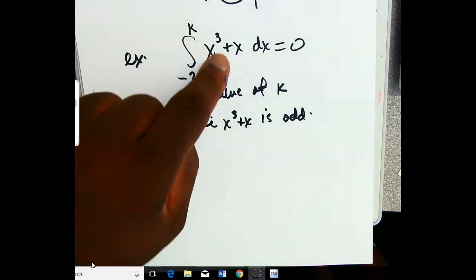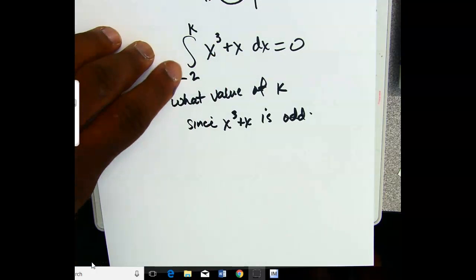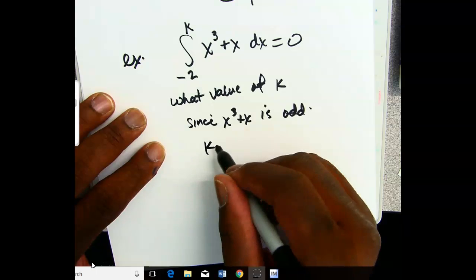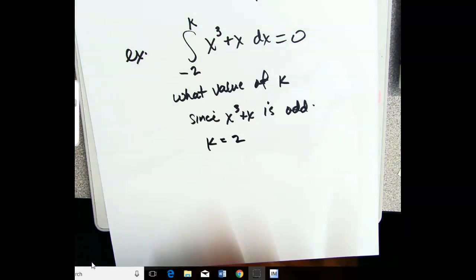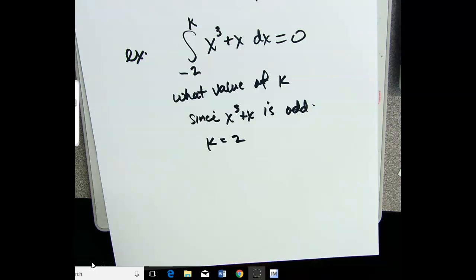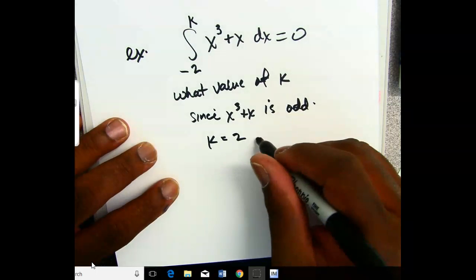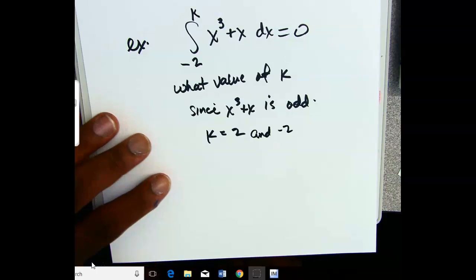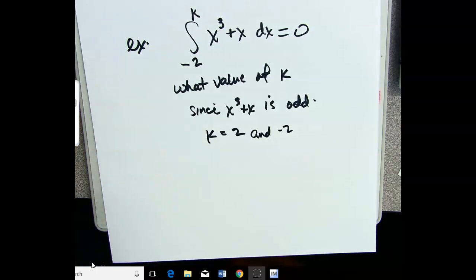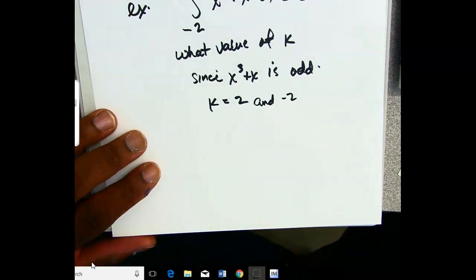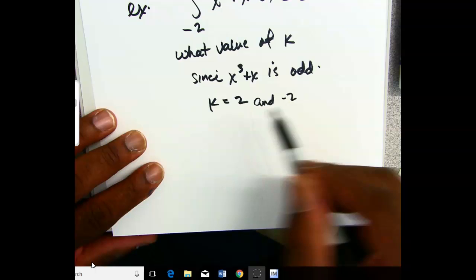But because this is an odd function, the integral from negative 2 to 2 is going to be 0. But that's not the only answer. You guys are missing one very obvious one: negative 2. Oh, yeah. The integral from negative 2 to negative 2 of anything is going to be 0. So in this case, you have two solutions: 2 and negative 2.